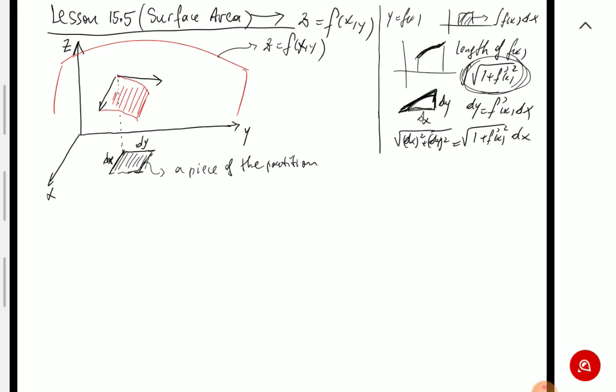And because dx and dy is very small, we can approximate that piece with a planar tangent plane, or a portion of the tangent plane given by, in this case, a parallelogram. So basically, we try to come up with a parallelogram coming from the tangent plane at this point, which will eventually approximate the area of that piece of the surface.